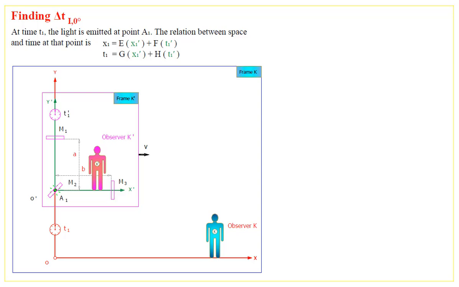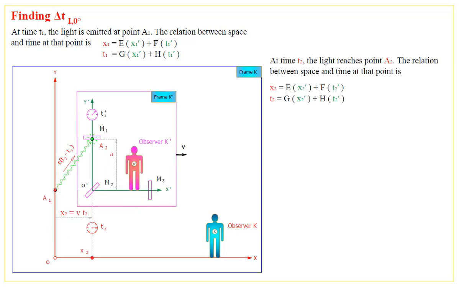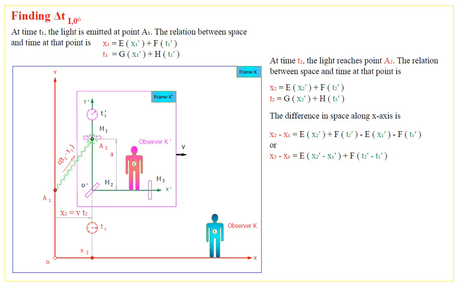The relation between space and time at that point is the following. At time t2, the light reaches point A2. The relation between space and time at that point is. The difference in space along the x-axis is. The difference in time.